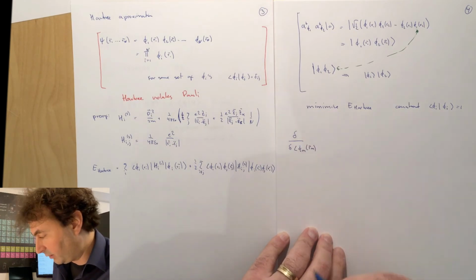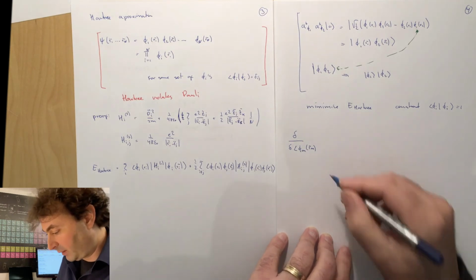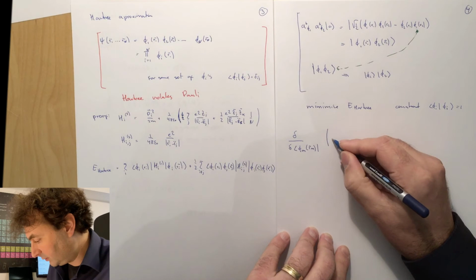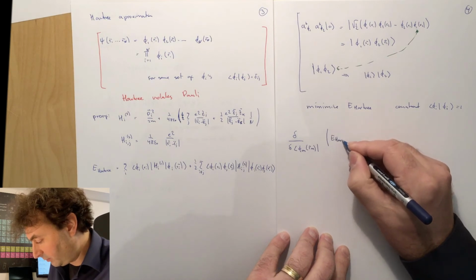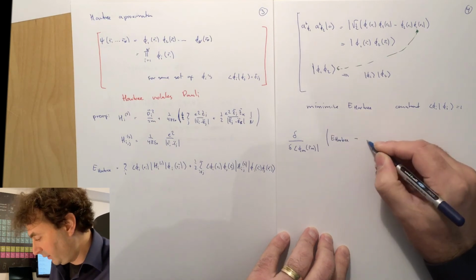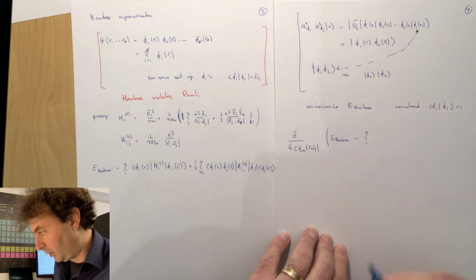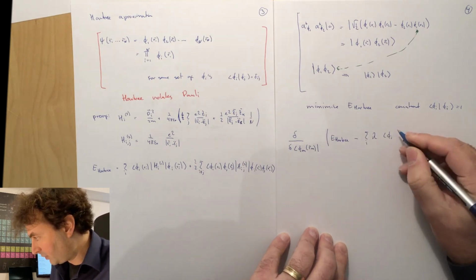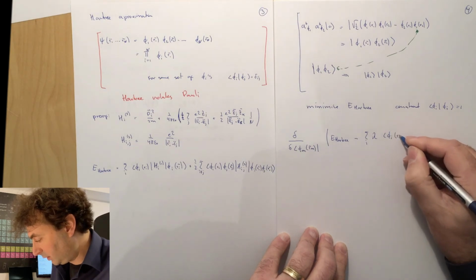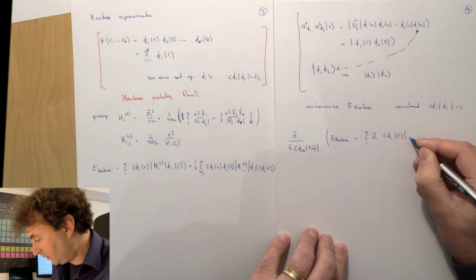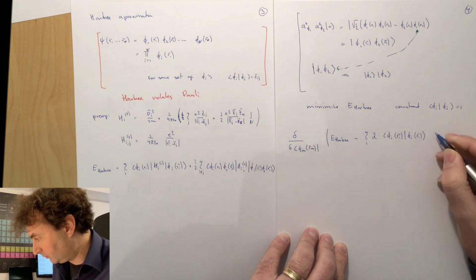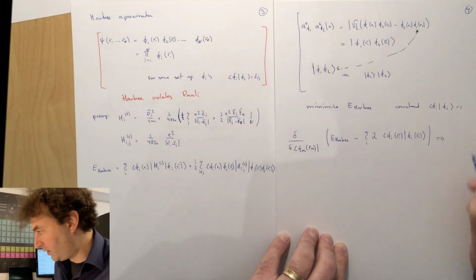I'm taking the derivative with respect to the bra psi m of the Hartree energy minus the sum over all one particle orbitals lambda psi i Ri psi i Ri, and this has to be 0.